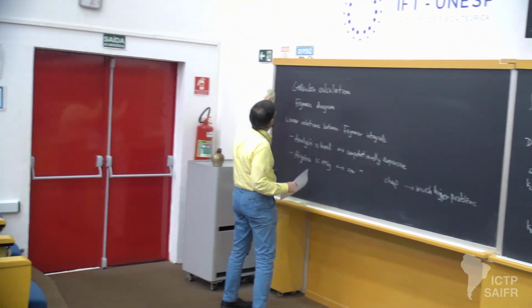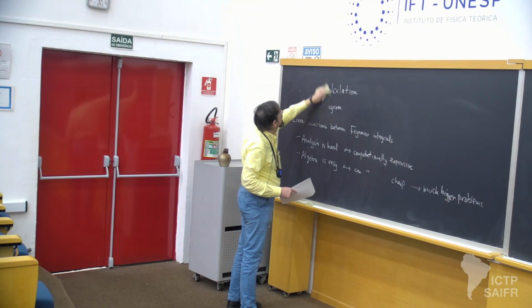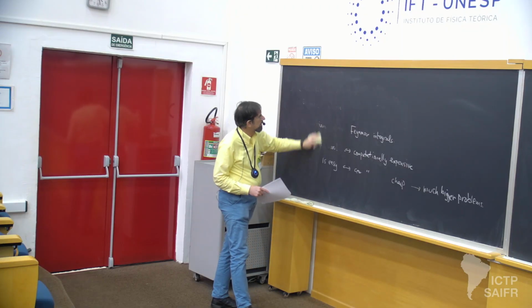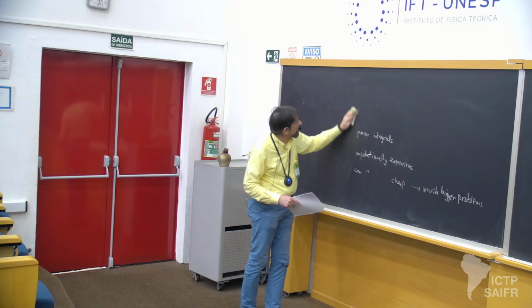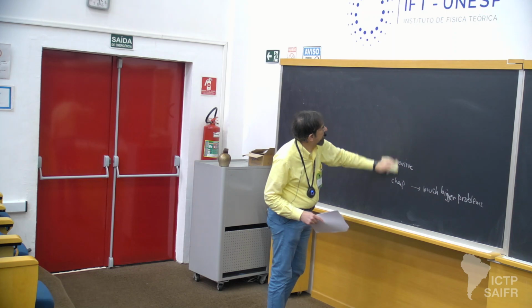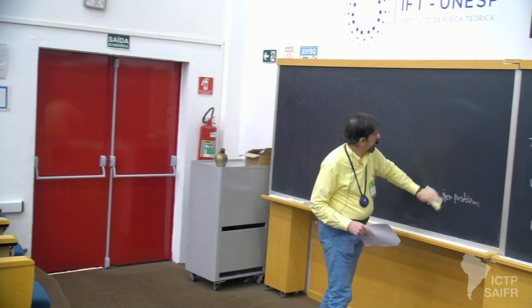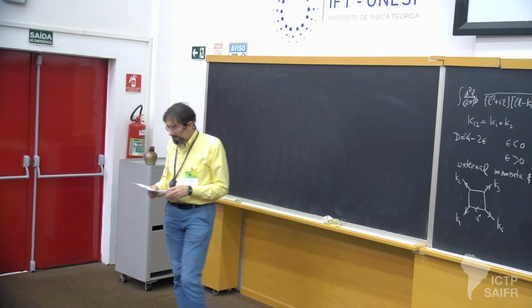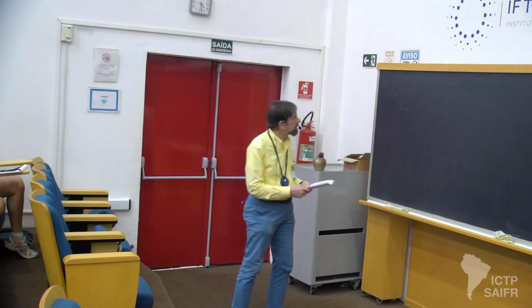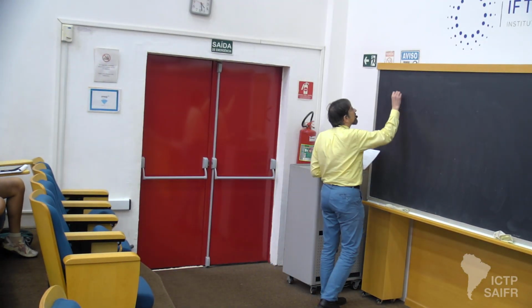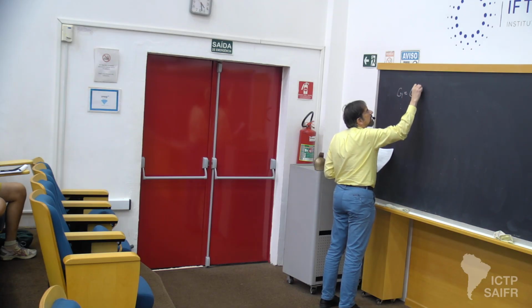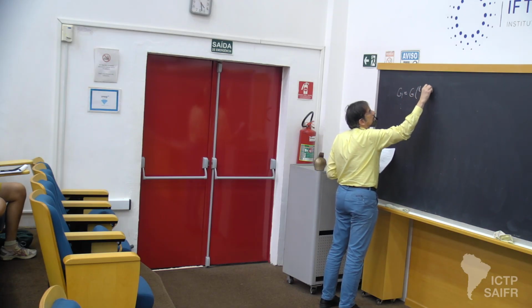So let's think a little bit about the scalar integrals. And this is an example of something that would not be possible if we continued to take the external momenta in d dimensions. We can write down a Gram determinant. So let's write down the following determinant.